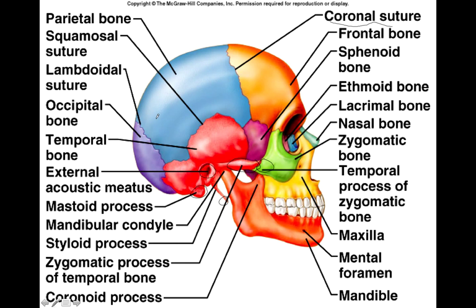The lambdoidal suture connects the occipital bone and the parietal bones. And then the squamosal suture, or squamous suture, connects the temporal bone and the parietal bones.